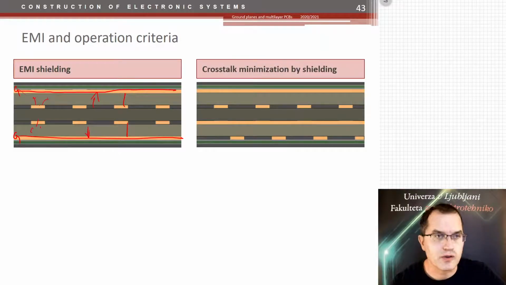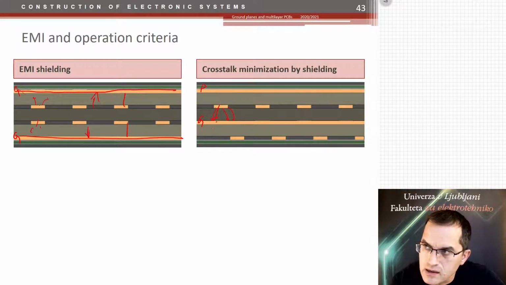What else? Crosstalk. The crosstalk between tracks can be minimized by shielding. For example, this is a ground plane, this is a power plane, let's say. So the noise from this track, or the signal of that track, or the energy of that track, is kept within this area here, and that one here, and that one here, and that one here.